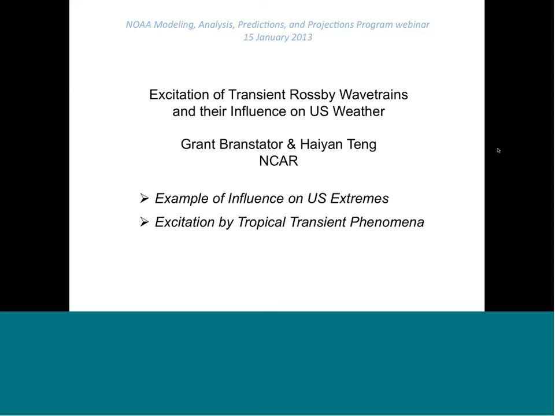In particular, I'm going to show an example of how they influence the likelihood of having extreme conditions over the U.S. And then the second topic, which is the main topic of the talk, will be addressing a particular mechanism which can induce such wave trains, namely transient tropical rainfall events.